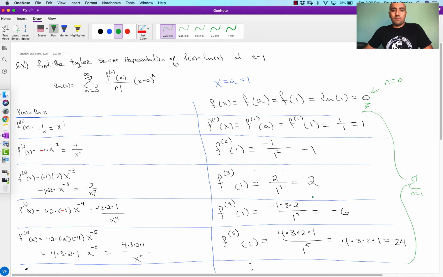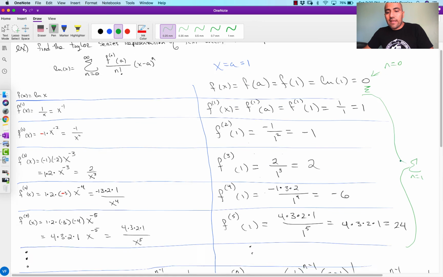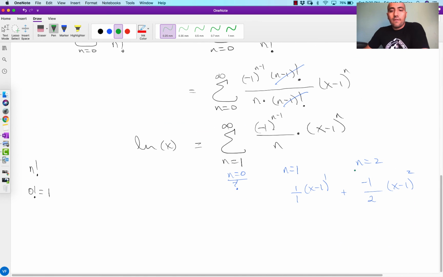So we're going to ignore that first one. If it was some other constant, we can tweak it. But luckily for us, it was a 0. So I'm really only looking for a pattern for the rest of them starting at n equals 1. Starting at n equals 1, I get these patterns: 1, negative 1, 2. So the pattern will work from then on.